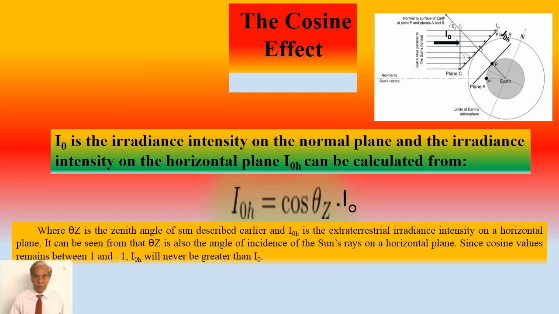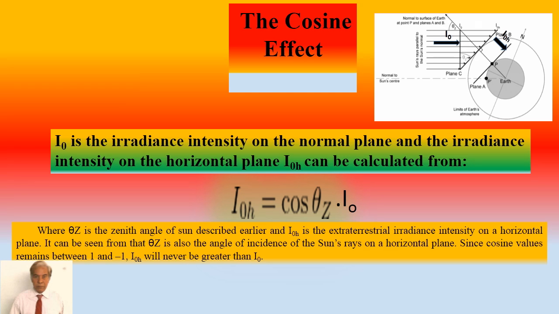Irradiance intensity on the horizontal plane I0h can be calculated from the following equation, where theta z is the zenith angle of the sun described earlier, and I0h is the extraterrestrial irradiance intensity on the horizontal plane.